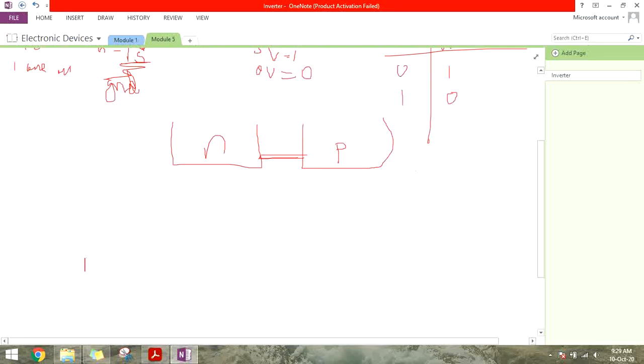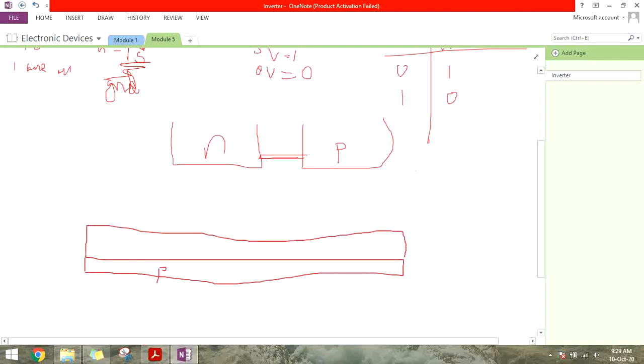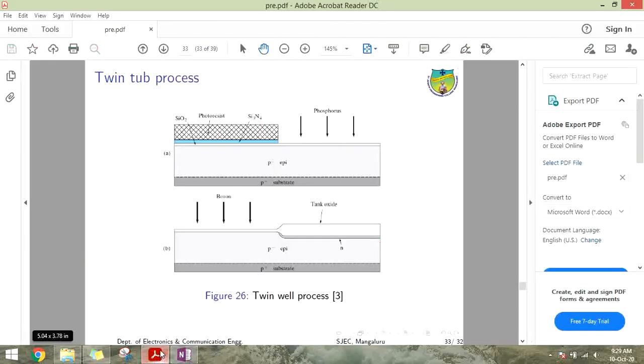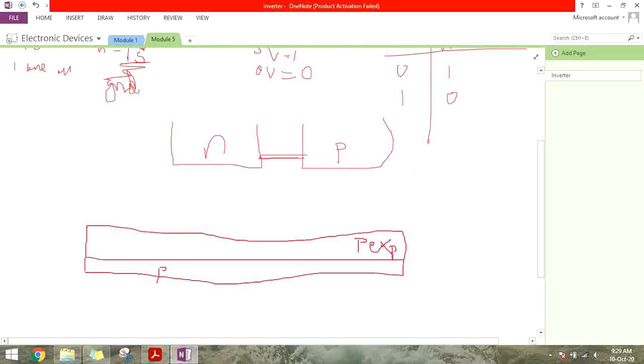So this is the entire substrate, P substrate, and then we have the epitaxial layer over this P epitaxy. Then according to the diagram you can see there is silicon dioxide on the entire surface. So this is SiO2, and then we have the silicon nitride on the entire surface.